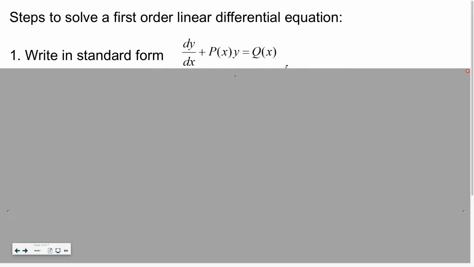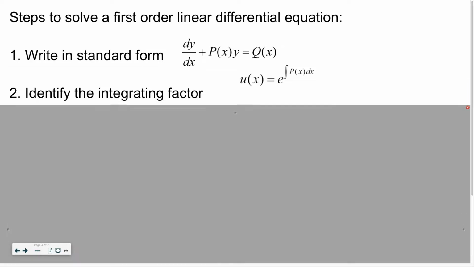That's what it looks like: dy/dx plus some function of x times y equal to some more function of x. Then, using this little guy that we came up with, you're going to identify u of x.